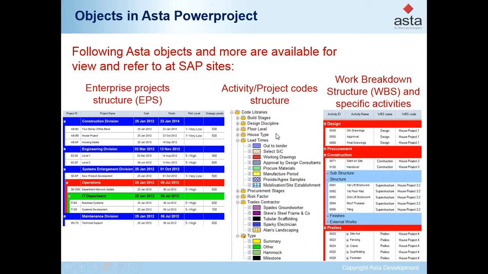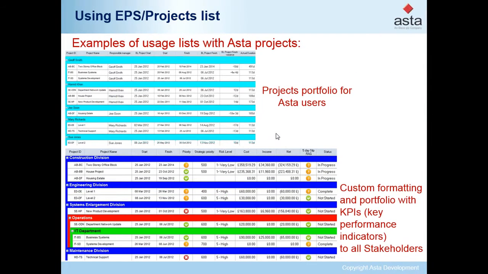Because when we bring data, we populate these items like code structure, we assign later on when you would like to analyze, such as you would like to analyze your costs or revenues which you have already in SAP, and you would like to see this on your project, and we simply populate in Asta, which you can analyze your data. And these are the Asta views, and you can have the custom formattings.